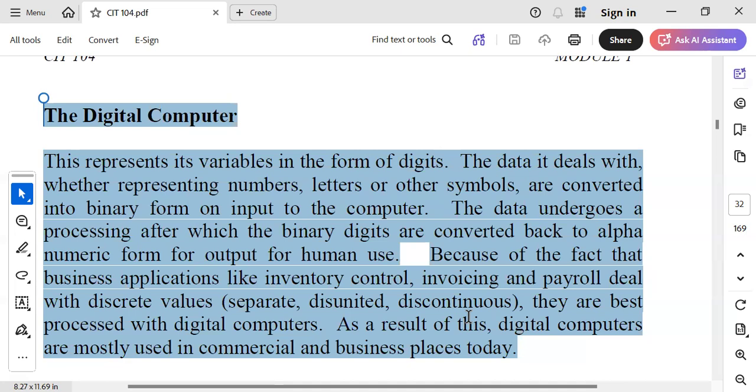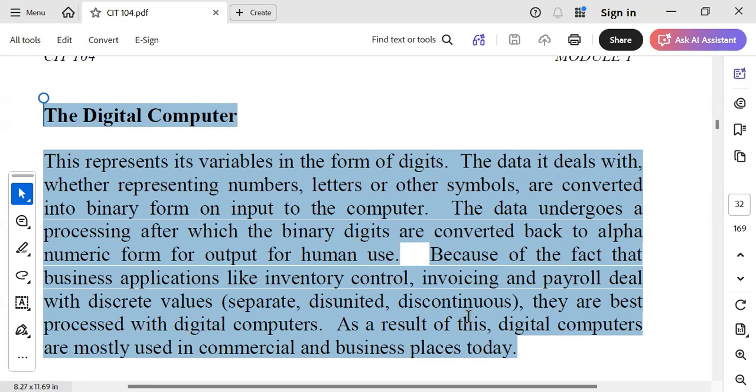We have digital computer. This represents its variables in form of digits. The data it deals with, whether representing numbers, letters, or other symbols, are converted into binary form as inputs to the computer. The data undergoes processing, after which the binary digits are converted back to alphanumeric form for output for human use.